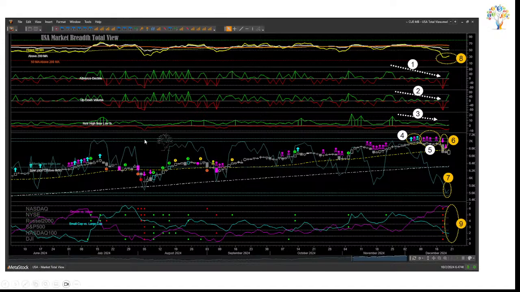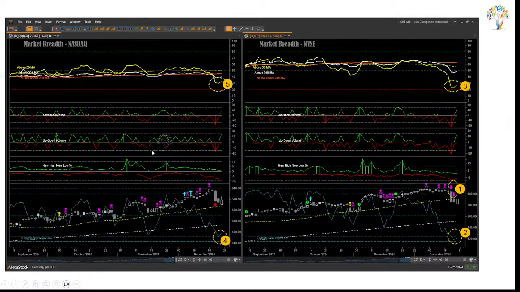If I drill down from the total view to the Nasdaq and NYSE, we notice that the Phoenix signals came in NYSE, and NYSE 3-month new high low hit the extreme oversold condition and ticked up.